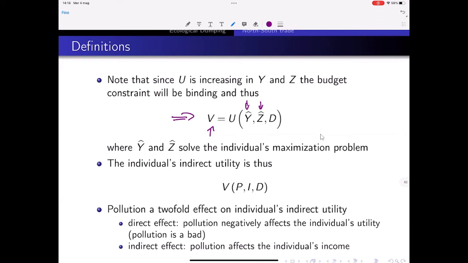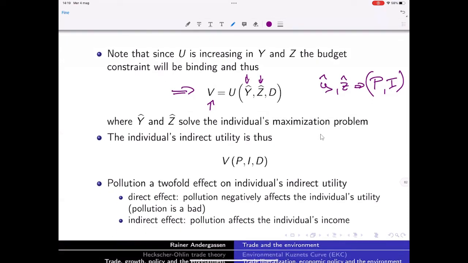And since Y-hat and Z-hat are functions of the price and my income, the consumer's choice depends on the price and on the income it faces. A change in the relative price changes the consumer's choice, as does a change in income, because of substitution and income effects, if you remember from microeconomics.